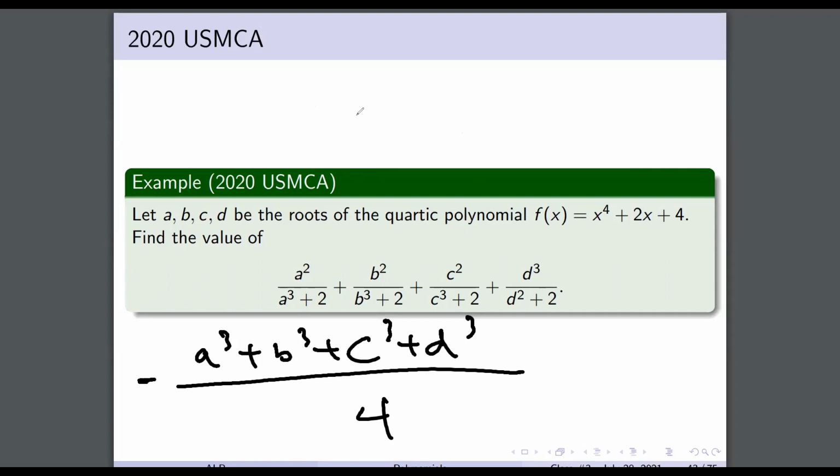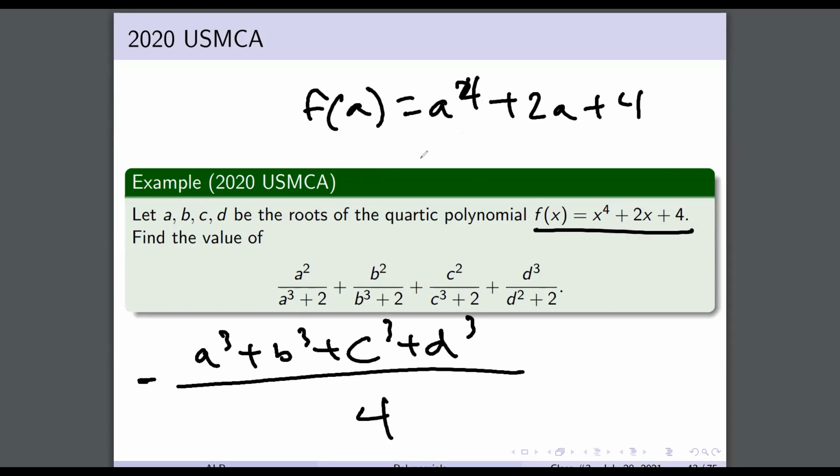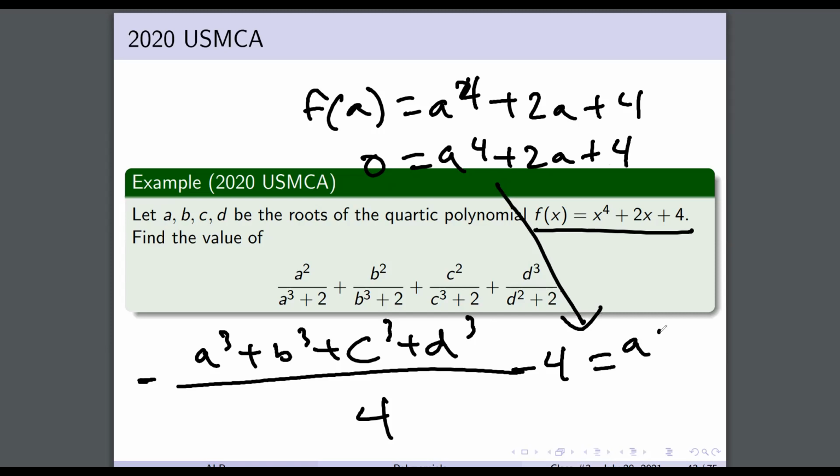Basically, f of a equals a to the 4 plus 2a plus 4. That's because we're plugging it into here. And then since a is a root and f of a equals 0, we subtract 4. Negative 4 equals a to the 4th plus 2a, and then we divide by a, so negative 4 over a equals a cubed plus 2.